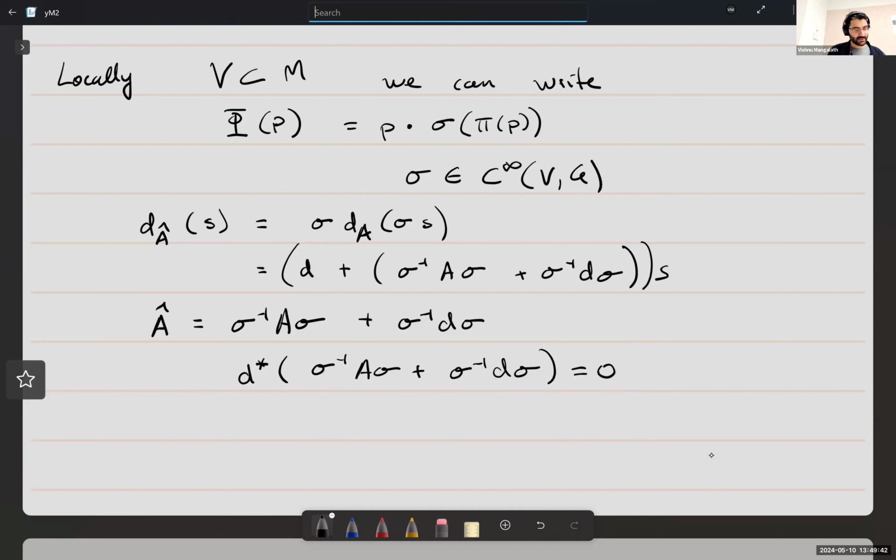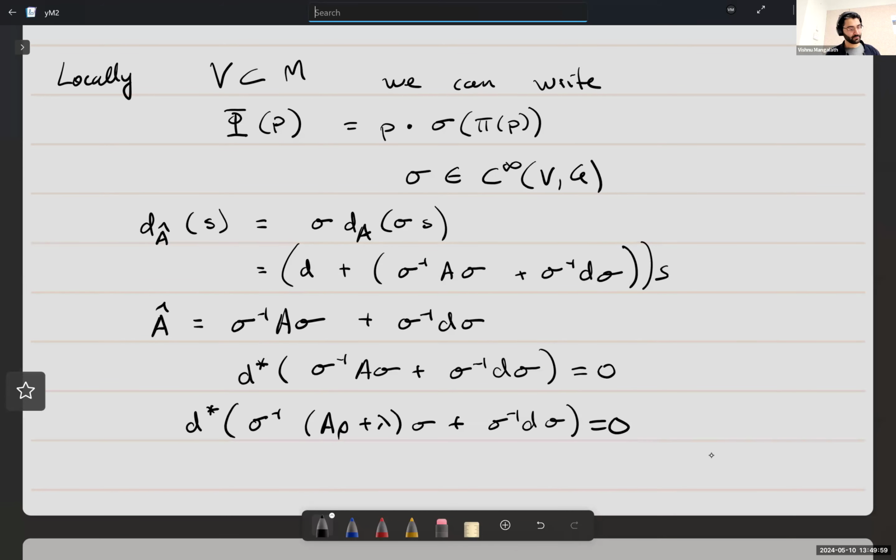But for this openness condition, we're trying to solve d star of sigma inverse (A rho plus lambda) sigma plus sigma inverse d sigma equals 0, for some sigma in the gauge group.